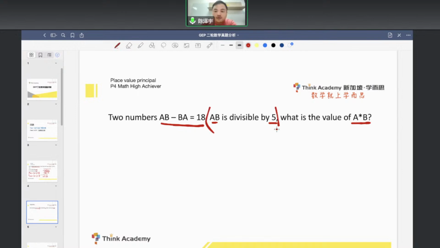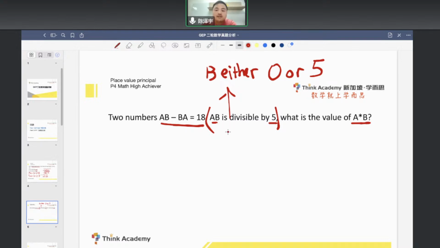Based on this clue, AB is divisible by 5, I know that B can be either 0 or 5.